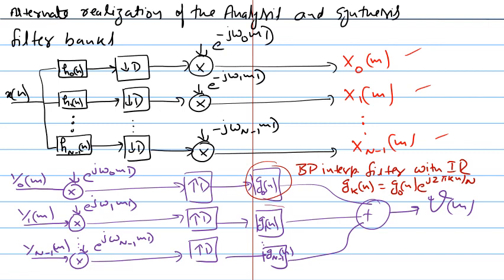Basically the spectrum of g1n is shifted when you compare it with the spectrum of g naught n. It is clear with the multiplication of the complex exponential, because this is equivalent to shifting in the frequency domain.